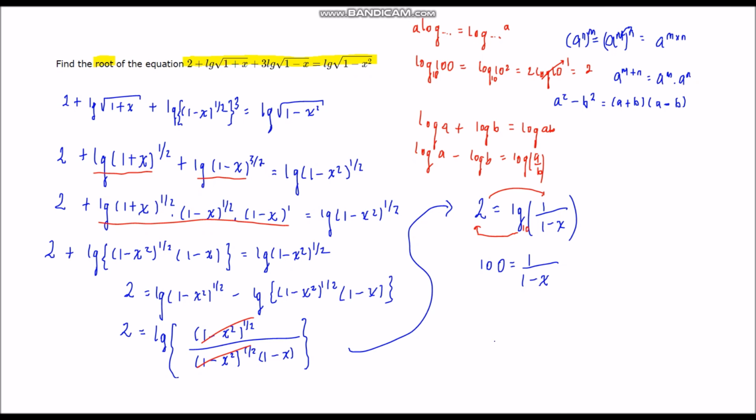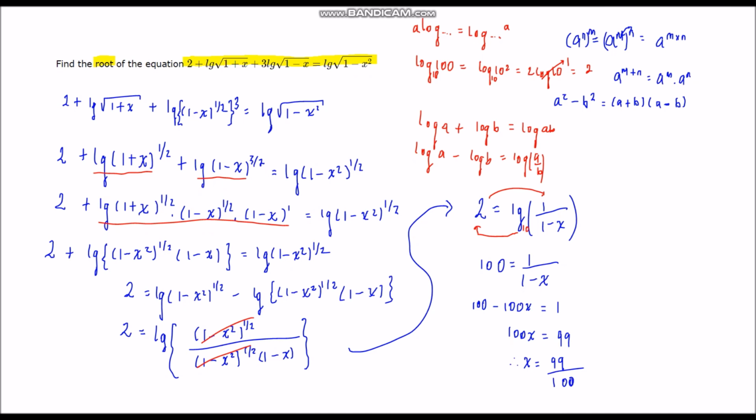And then I'm going to multiply both sides by 1 minus x, and I'm going to get 100 minus 100x is equal to 1. And then 100x equal to 100 minus 1, which is 99, therefore x is equal to 99 over 100.